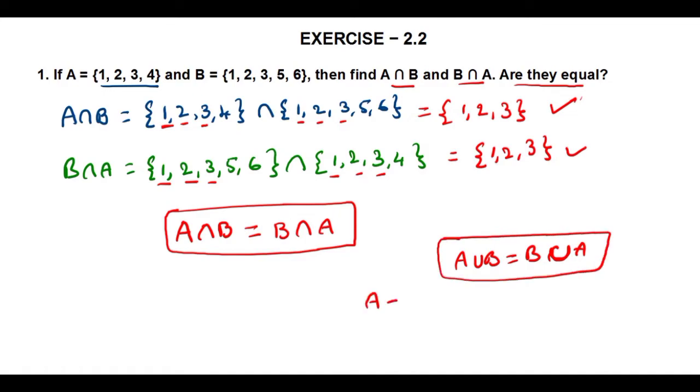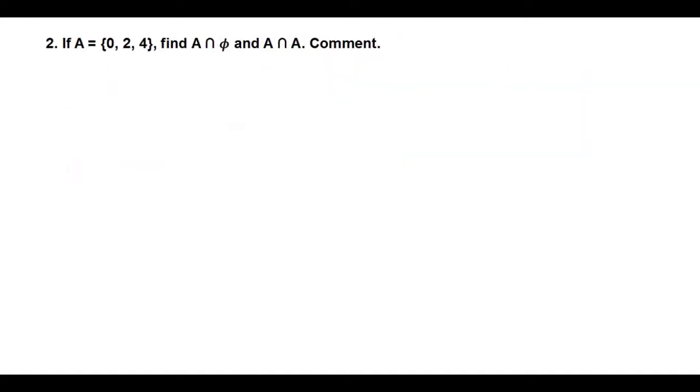But when it comes to A minus B, this result is not equal to B minus A, because A minus B means after cancelling the common element, we have only the remaining elements from set A. Similarly, B minus A, after cancelling the common element, we have the elements from only set B. So both are different here, right? So they are not equal. So only A intersection B equals B intersection A, A union B equals B union A, but A minus B is not equal to B minus A.